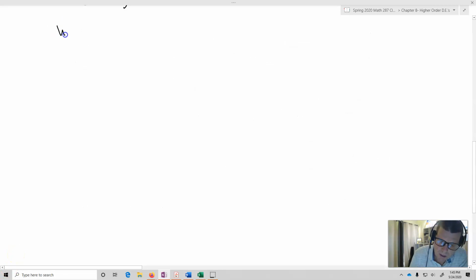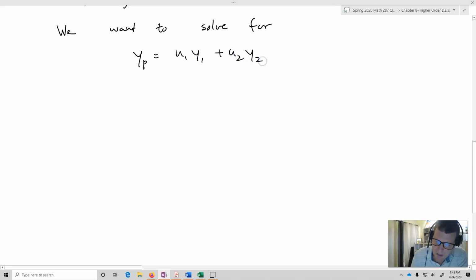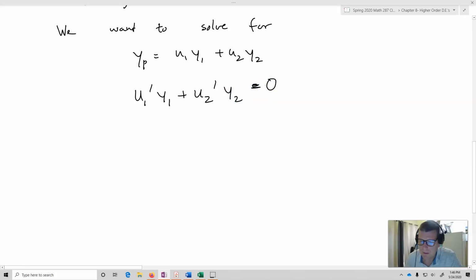So we want to solve for yp equal to u1 y1 plus u2 y2. What we're going to need is a constraint. This constraint is very important, and it's going to be that u1 prime y1 plus u2 prime y2 equals 0.